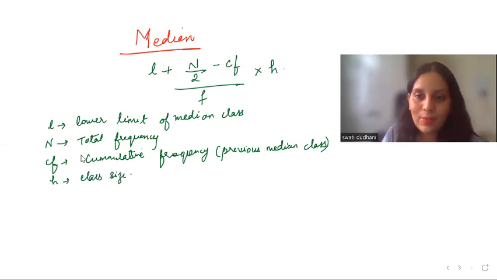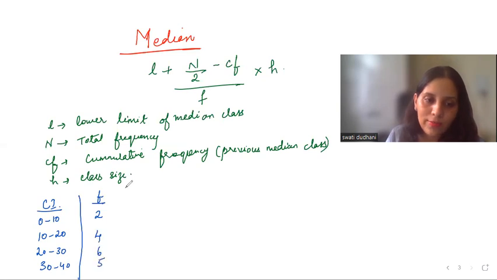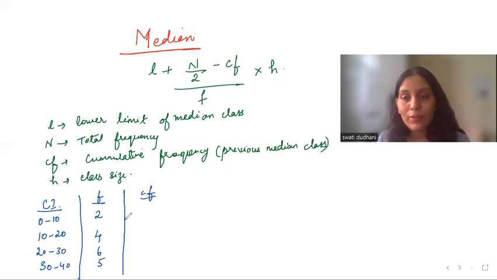Okay. Now let's see one example. So let me take class intervals to be 0 to 10, 10 to 20, 20 to 30, and 30 to 40. And my frequency is 2, 4, 6, and 5. Okay. Now, how do we write the cumulative frequency?